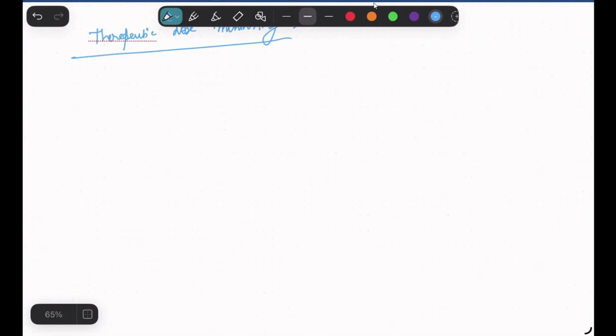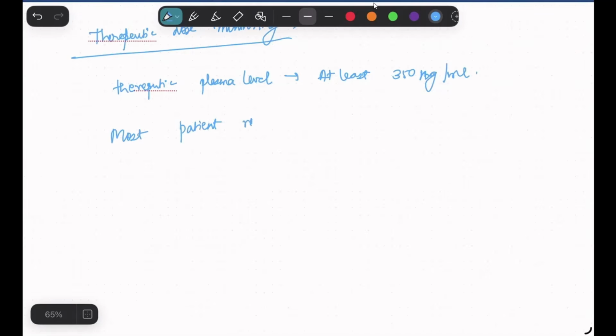So the therapeutic plasma level for clozapine is at least 350 nanograms per ml, and most patients respond between 350 and 600 nanograms per ml.